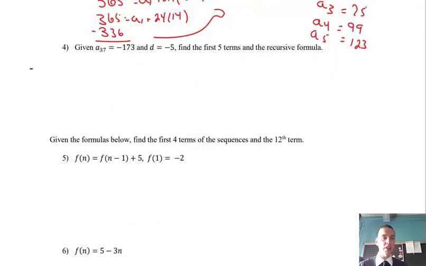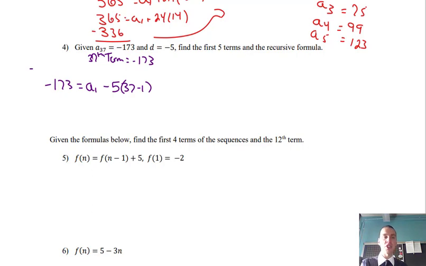To number 4, this is saying our 37th term equals -173. We're subtracting 5 every time. We want to find the first 5 terms. So again, we're going to go -173. This is our term value, equals our first term, minus 5 times n minus 1, which is 37 minus 1.